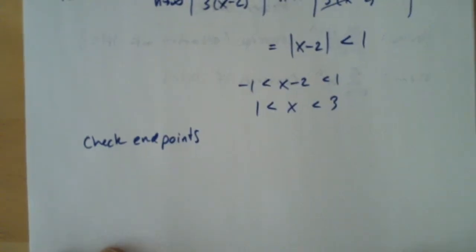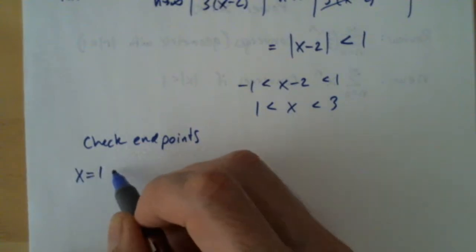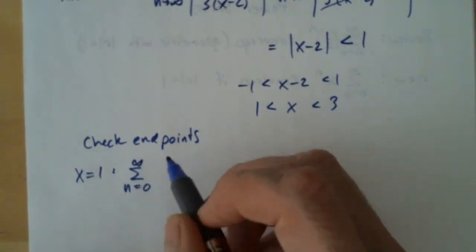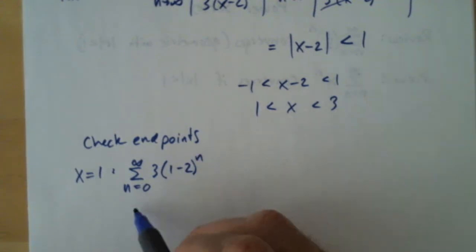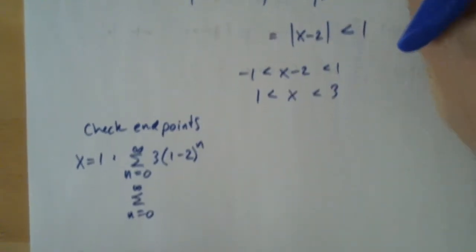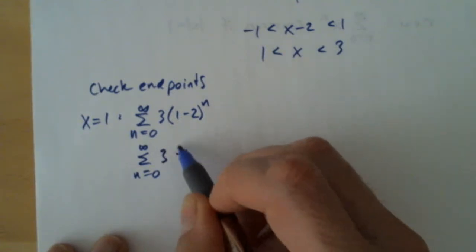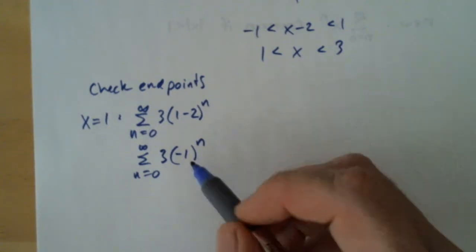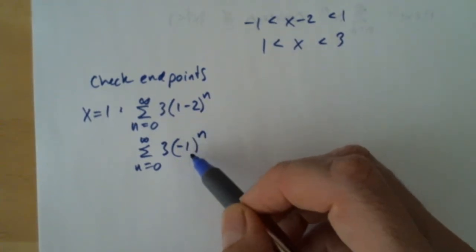When x equals 1, we have 3 times negative 1 to the n, and this we could say is going to diverge because this is not between 1 and negative 1.